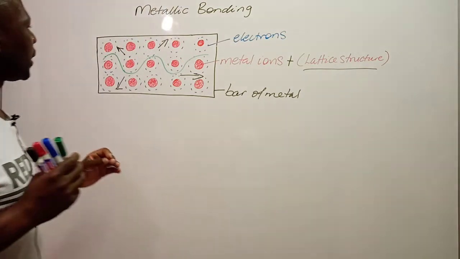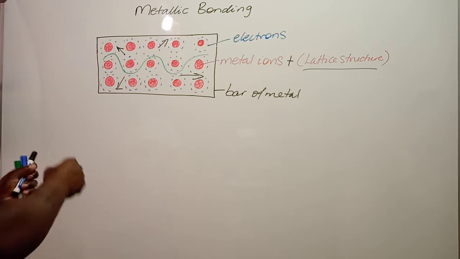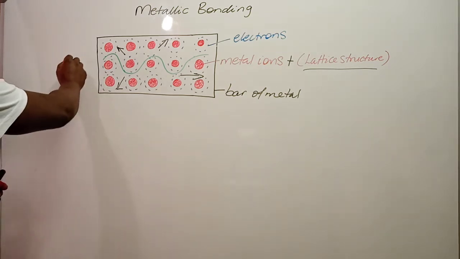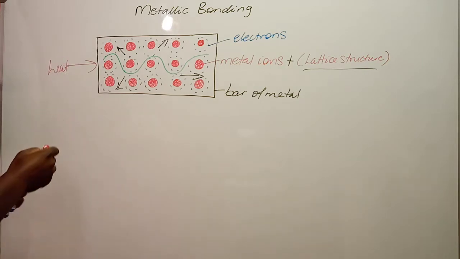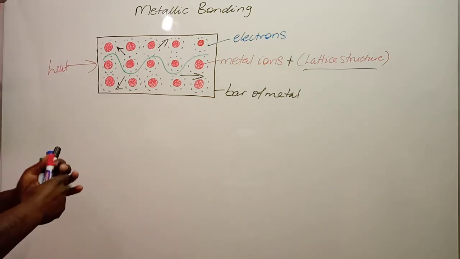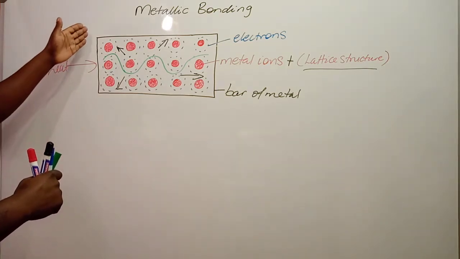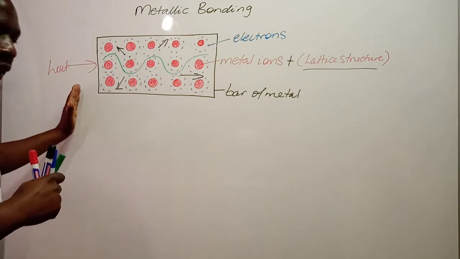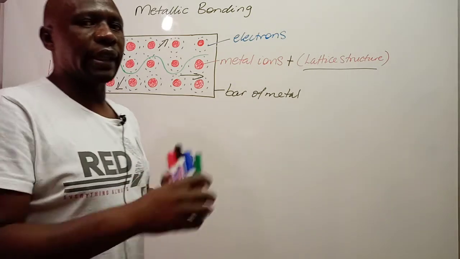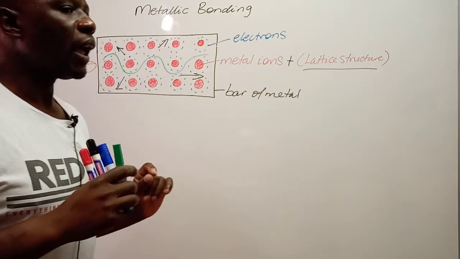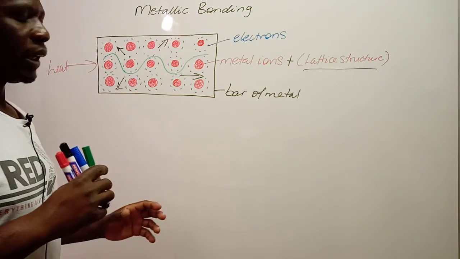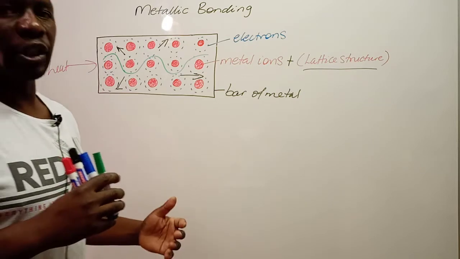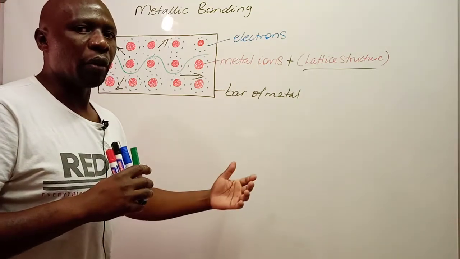Why? When you apply heat, for example, to this side, then what it means is the electrons that are close to this side will conduct the heat. And obviously, when they conduct heat, their kinetic energy becomes more.